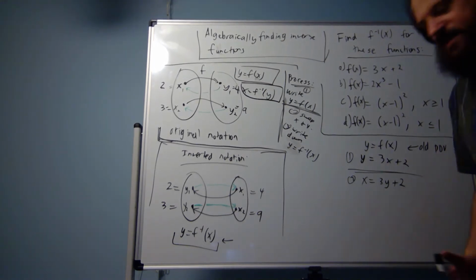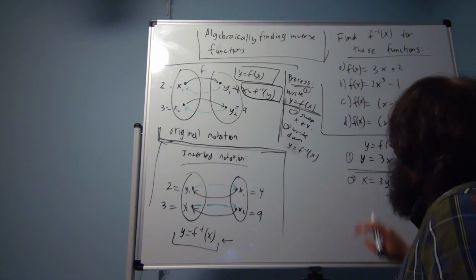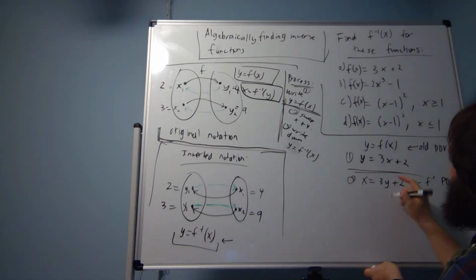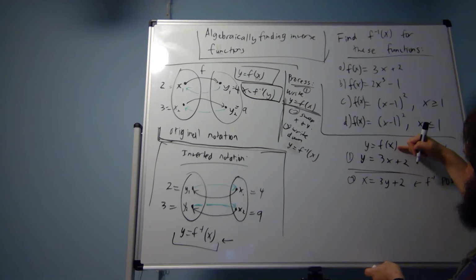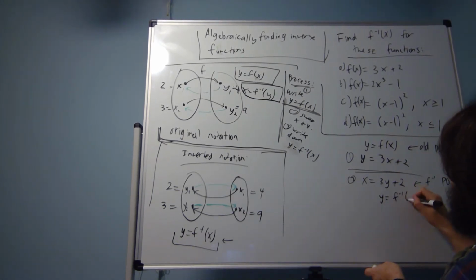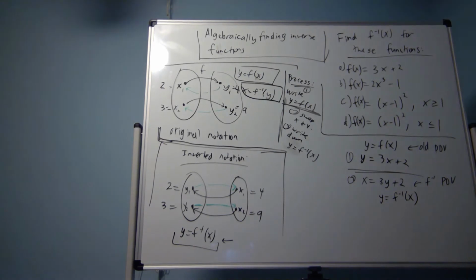If we switch the roles of x and y, then this is f inverse's point of view, which says that for this equation, y is f of x, but for this equation, now, if I switch the roles of x and y, y is not f of x anymore. Now y is f inverse of x.